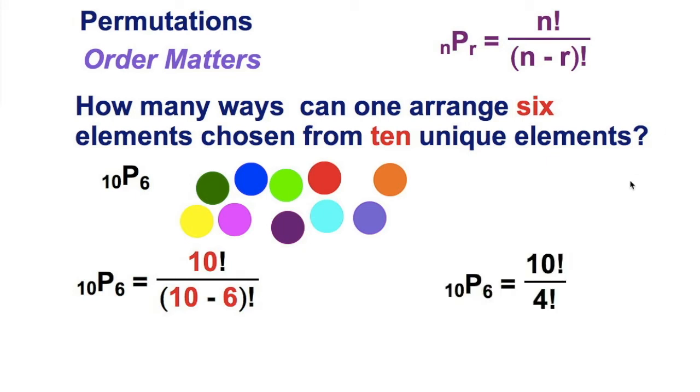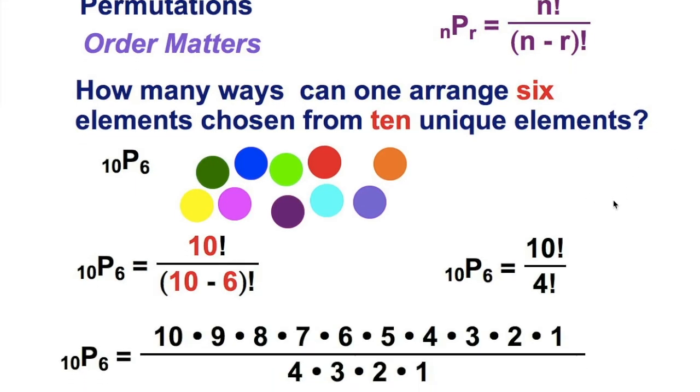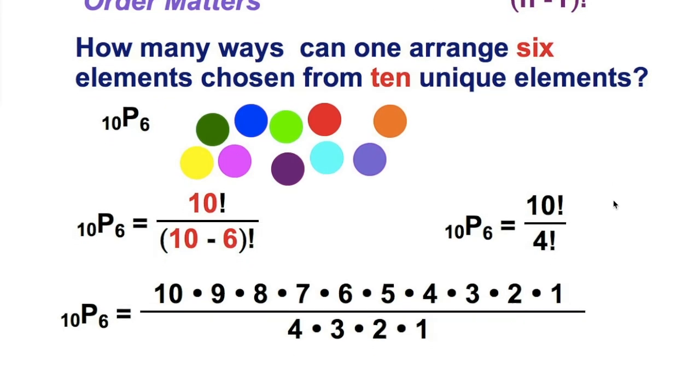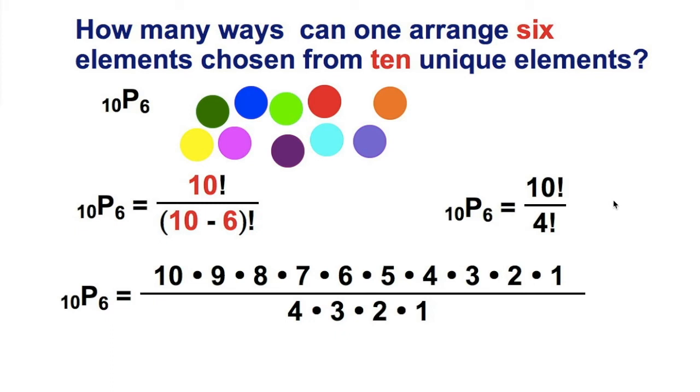We've got 10 factorial over 4 factorial. Expand that out. Heavens to Murgatroyds, look at that. We're going to roll this up a little bit because we're going off the page. And we can see you've got 10 times 9 times 8 times 7, etc. And of course, all the common factors divide out. The 2s, the 3s, the 4s.